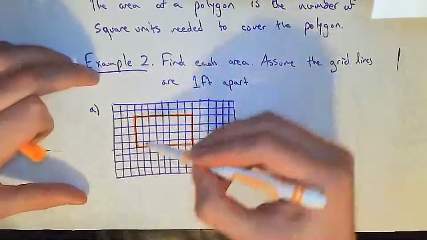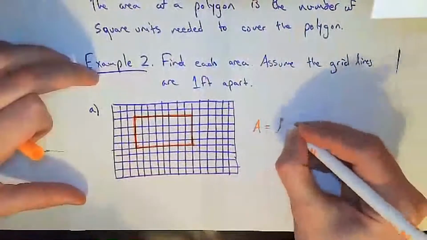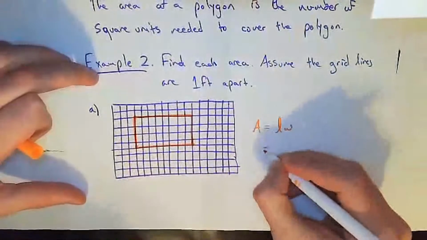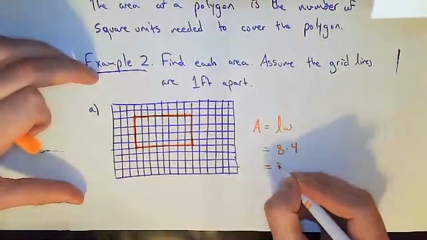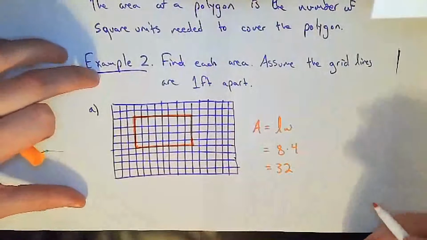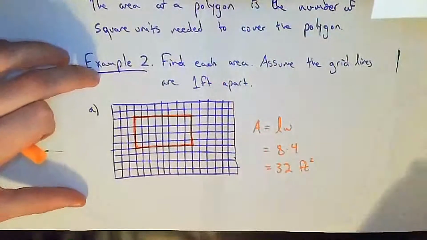And I want to find the area of this. So I know by my formula that A should be equal to length times width for a rectangle, which in this case is going to be 8 times 4, which is 32. But these are each 1 foot apart, so I'm going to say 32 feet squared.